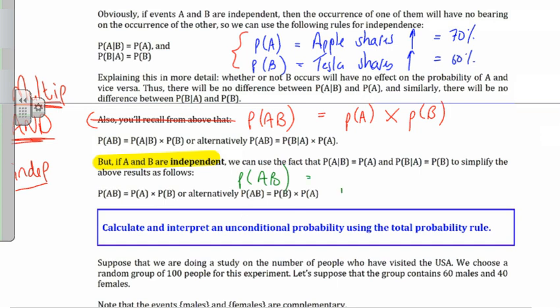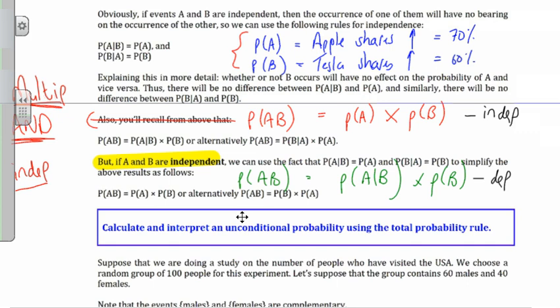That was equal to the probability of A given B times the probability of B. They're completely different equations. Why are they different? Here the two events are independent, and here there is a level of dependency. Can everyone see the difference? Okay, that's nice and simple. Hopefully that makes sense for everybody.